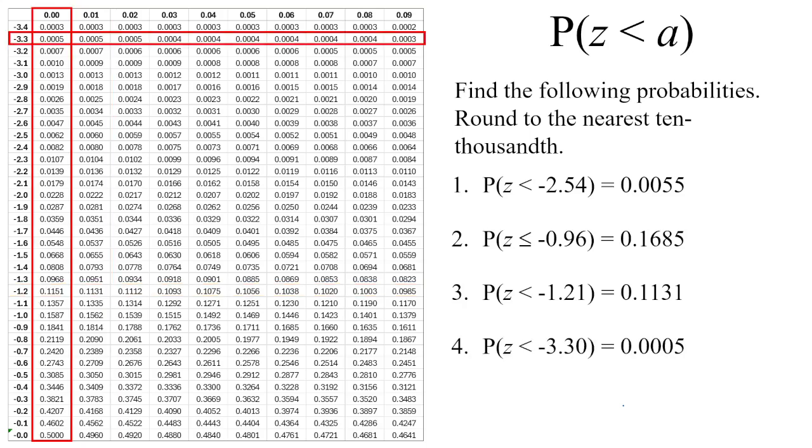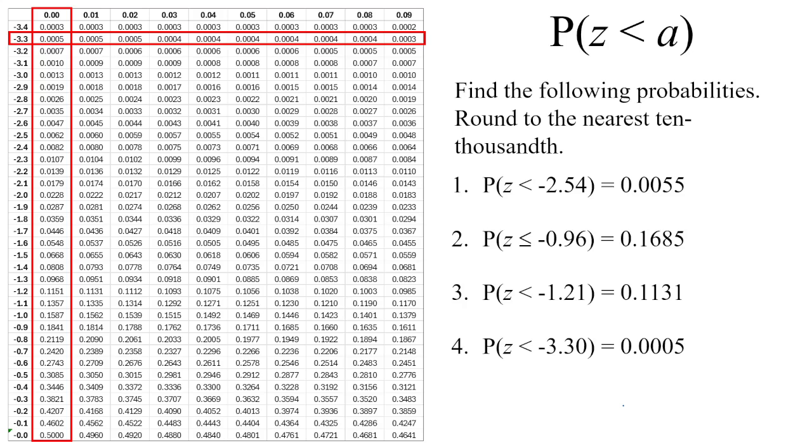The probability that z is less than negative 3.30, as you can see, is 0.0005. So all you need to do when you're using that z-chart to find the probability that the z-score is less than a given z-score is look at the row and the column and see where they intersect.